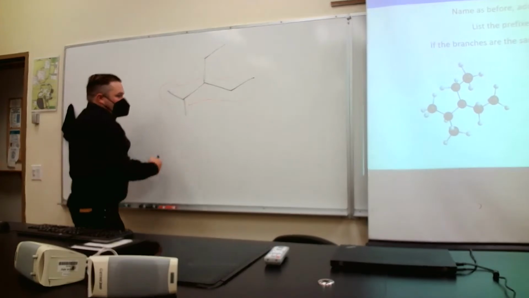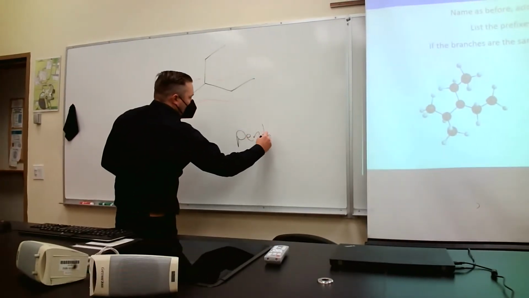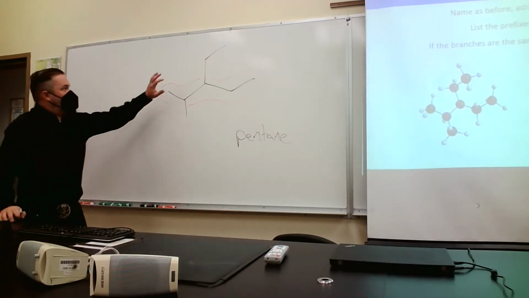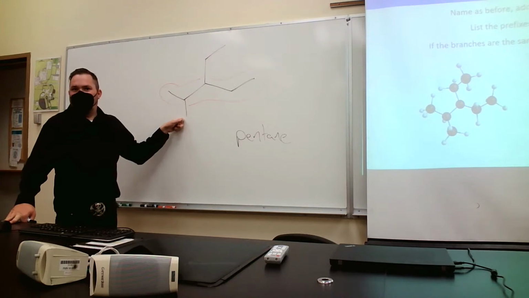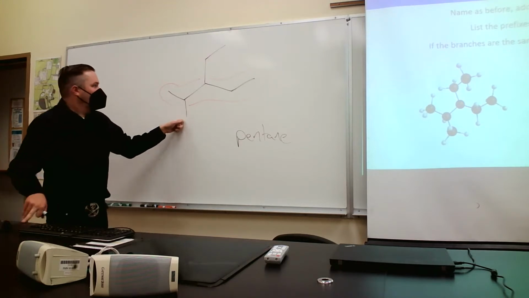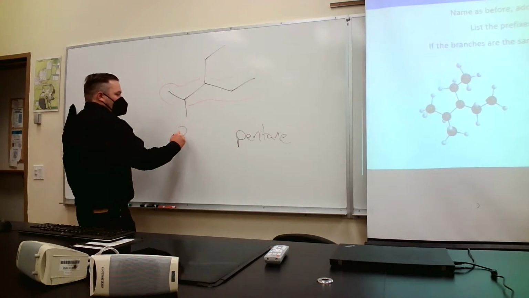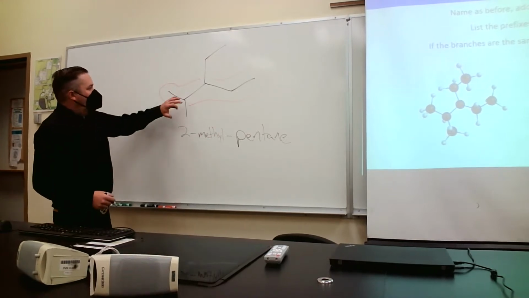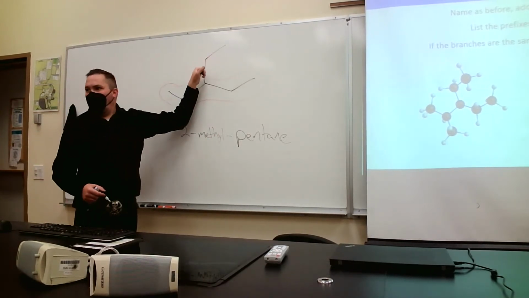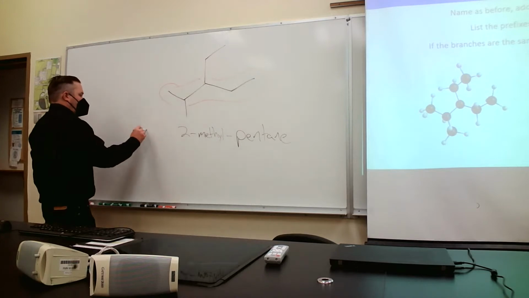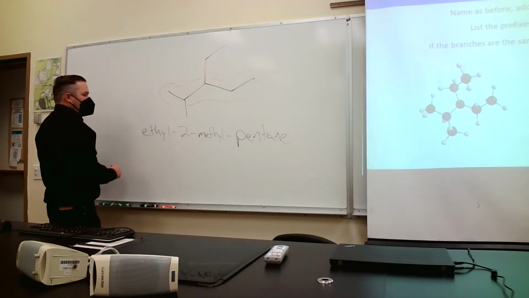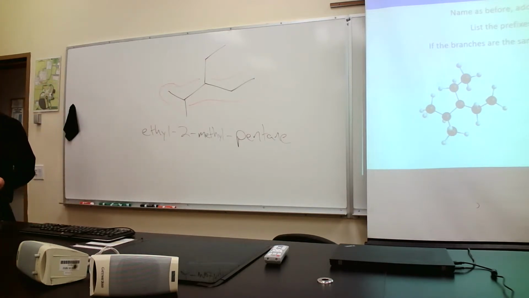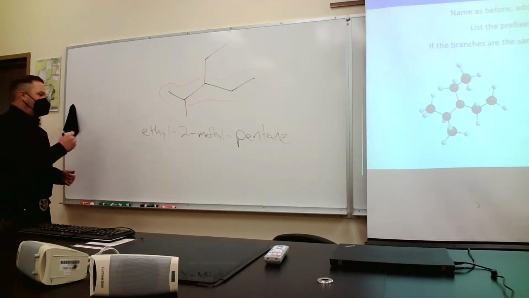Our parent molecule is still pentane. If we didn't have the ethyl group here, we'd name this 2-methylpentane, right? So we just put both prefixes on at the same time. It's 2-methyl. And if we didn't have the methyl, we'd name this as ethyl. When you start getting to multiple prefixes, people are less concerned if you add that redundant 3 in front of it.